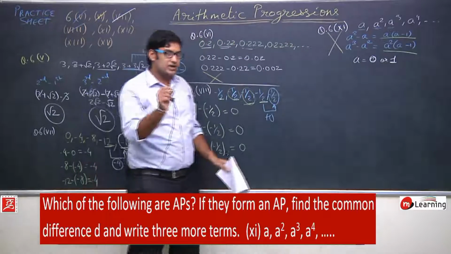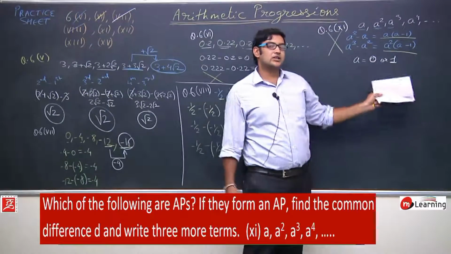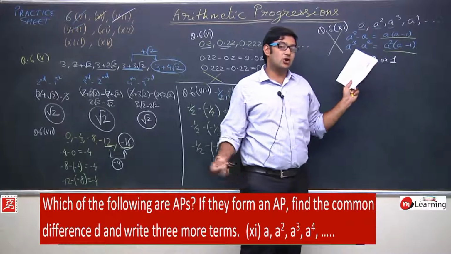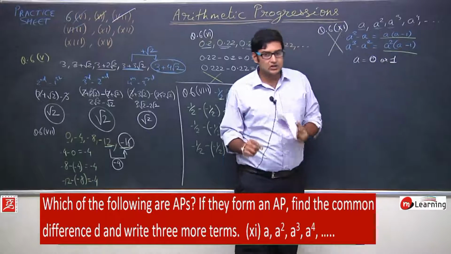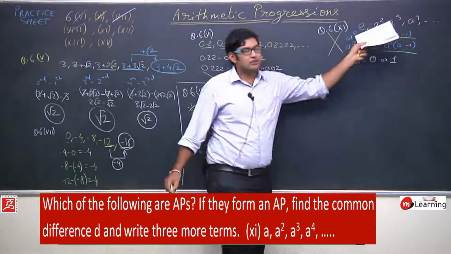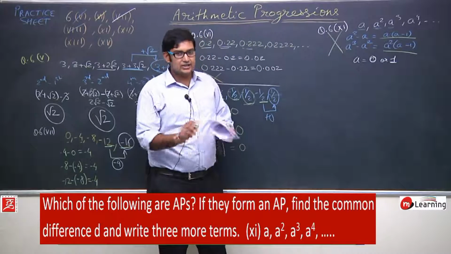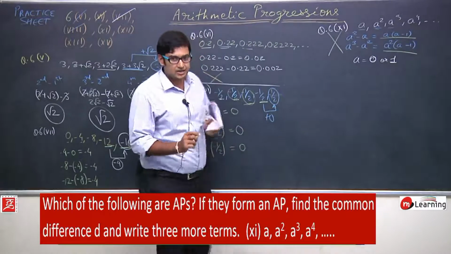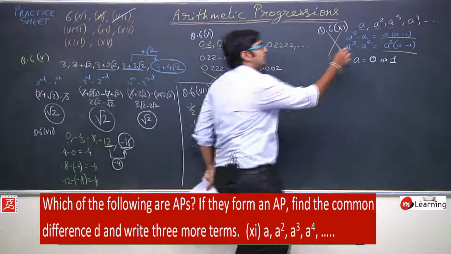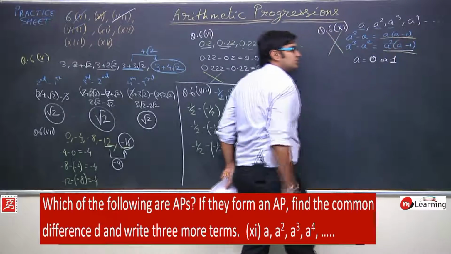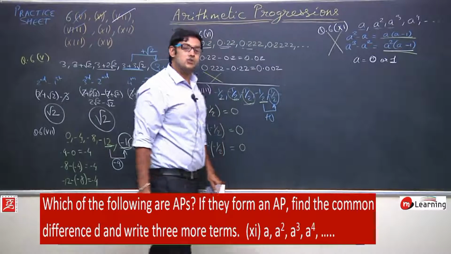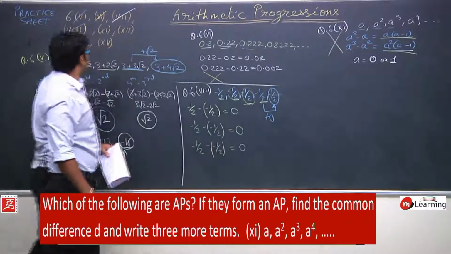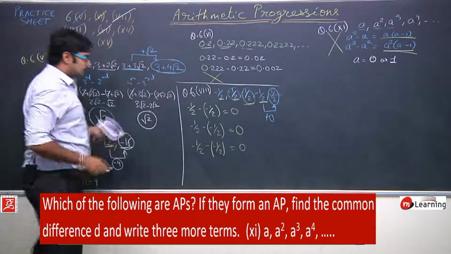Okay, in only these two cases, if a is equal to 0 or if a is equal to 1, then only I can say that this will become an arithmetic progression. Otherwise this is not an arithmetic progression because the difference between two consecutive terms is not constant. Okay, so this is the 11th part.